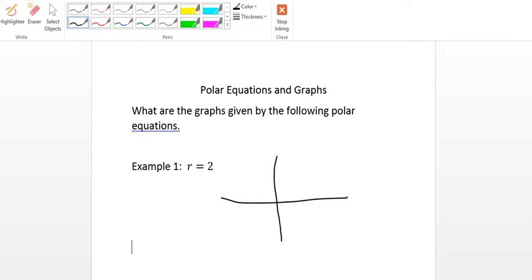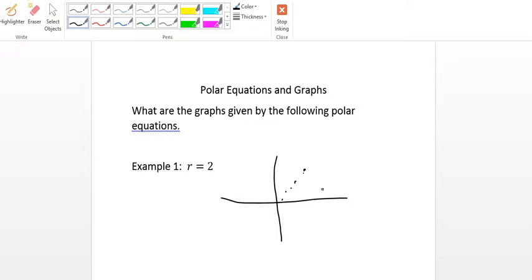That means r is fixed at 2. So what is r? r is the distance from the origin to the point. So the distance between the origin and the point is fixed at 2. But theta can be really anything. So what is happening here? r remains at 2, but theta will just vary.